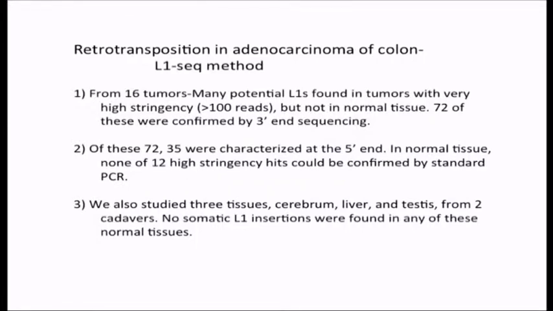In other words, there were 12 potential hits that were found in only normal tissue and not in the cancer, and they were looked at and could not confirm that they were present in the normal tissue. We also studied 3 tissues, cerebrum, liver, and testis from 2 cadavers, and found no somatic L1 insertions in these normal tissues.